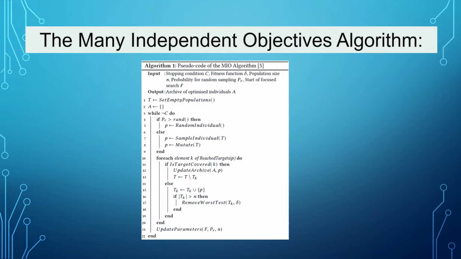Once the size of the population exceeds the population limit N, the test with the worst performance is removed. In addition, at the end of the step, if an optimization target is covered, the associated population size is reduced to 1, and no more sampling is allowed from that population.